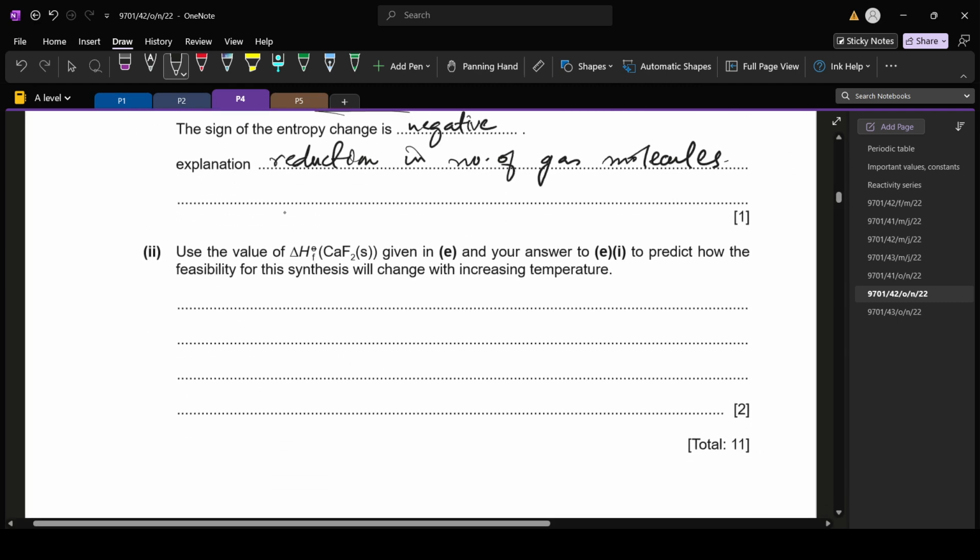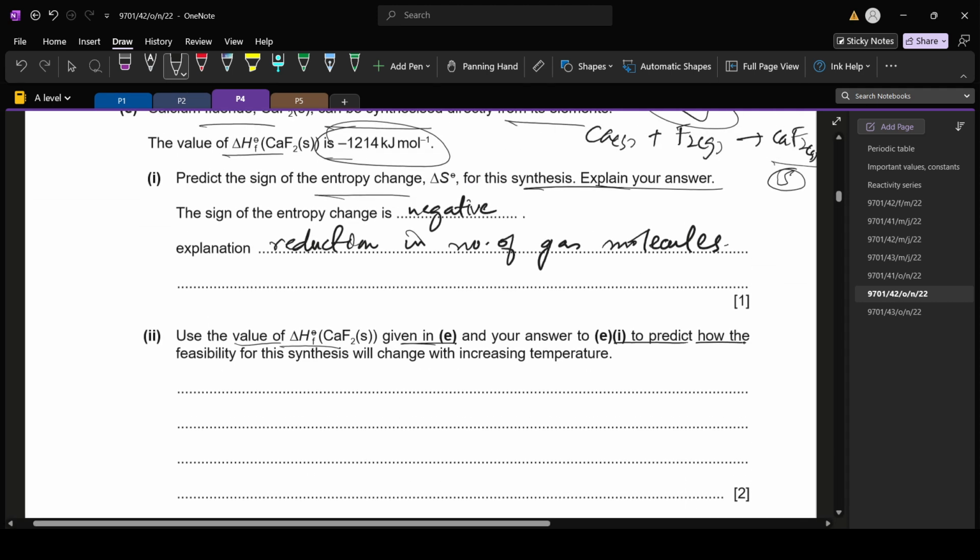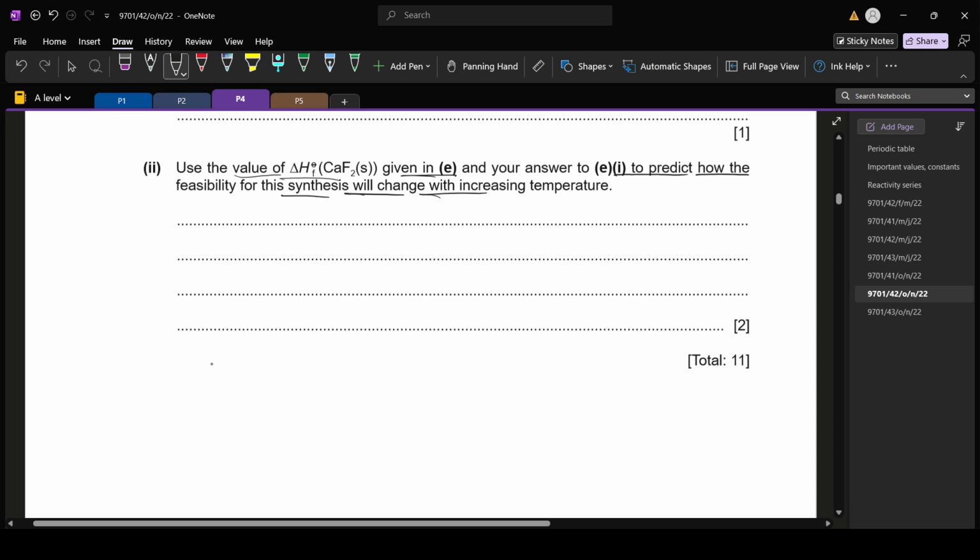Now use the value of standard enthalpy of formation given in E and your answer to E1 to predict how the feasibility of this synthesis will change with increasing pressure. So feasibility, we actually discuss in terms of this equation: Gibbs free energy equals enthalpy change minus T times entropy change.